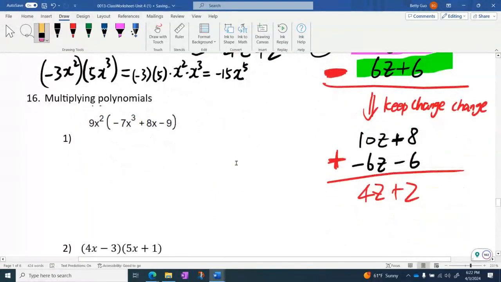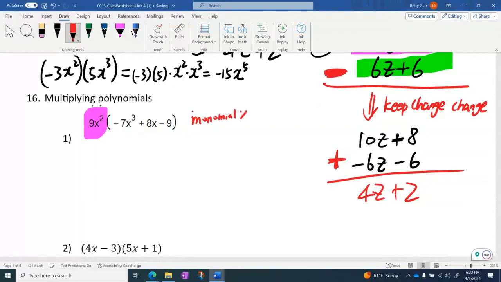Next question, how do we multiply a monomial by a polynomial? The polynomial is not a monomial. Let's look at this question. The monomial is 9x squared. It is multiplying by a polynomial with 3 terms. So this is an example of a monomial times a trinomial.